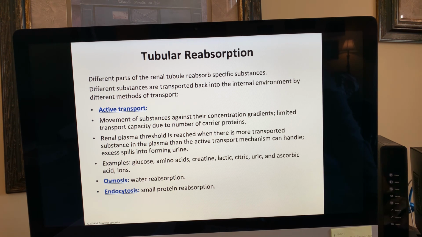Since sodium is a positively charged ion, negatively charged ions follow. Other substances that are actively transported are nutrients like glucose, which are pumped out of the tubules because you don't want to lose your glucose. Amino acids, you can use those to make proteins with, so those are all pumped out of the proximal tubule and picked up into the peritubular capillaries.